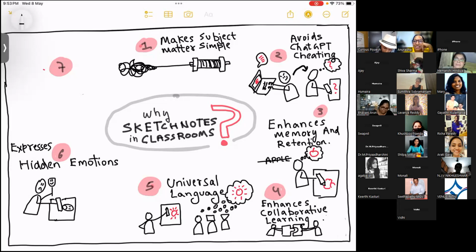Okay, now the last point was emotional connect with the subject. Who will tell me the metaphor for this? Emotional connect with the subject.